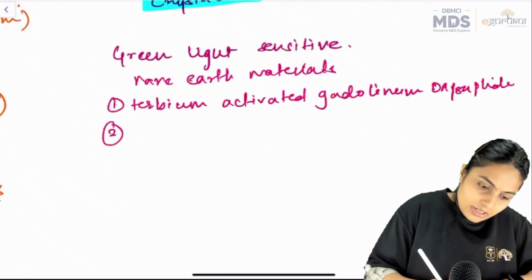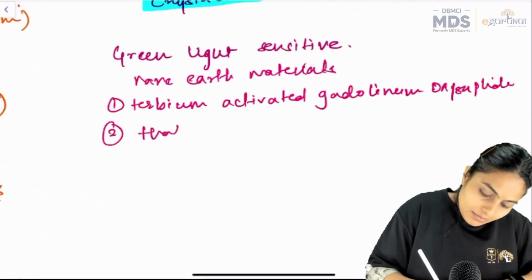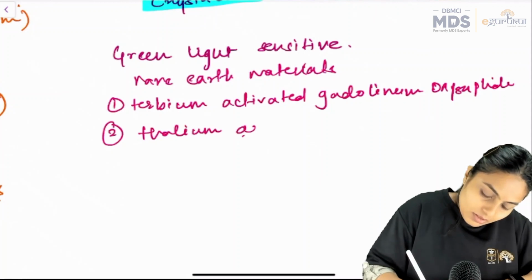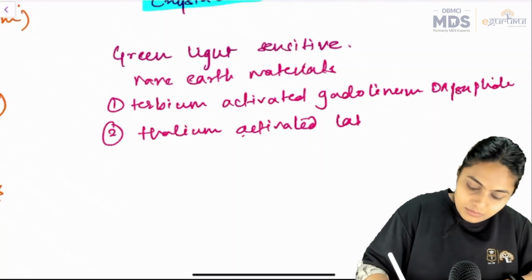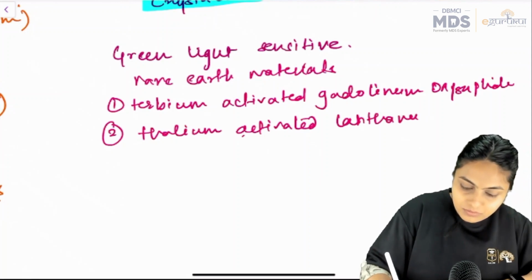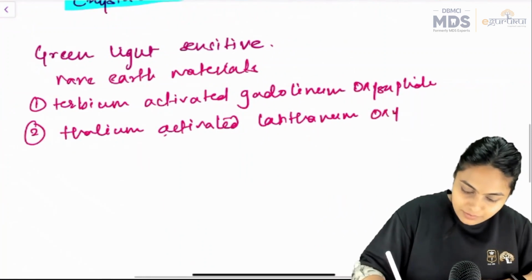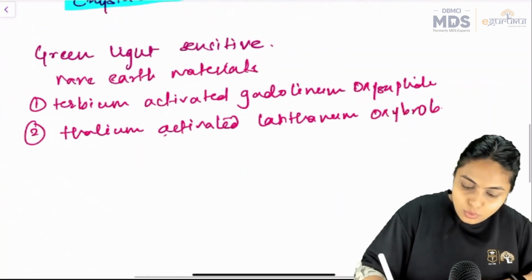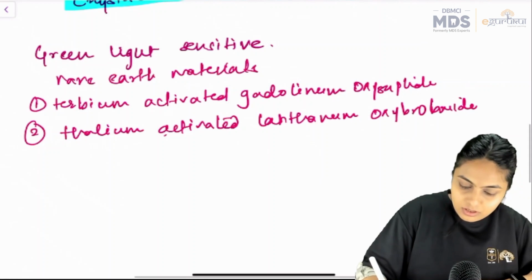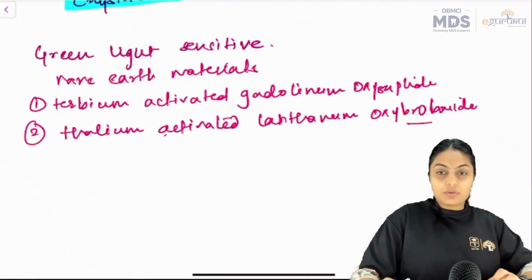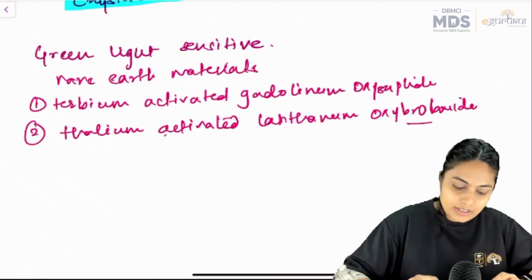The second rare earth is thallium activated lanthanum oxybromide. So these are two rare earth materials which can be used in screen films which are green light sensitive.